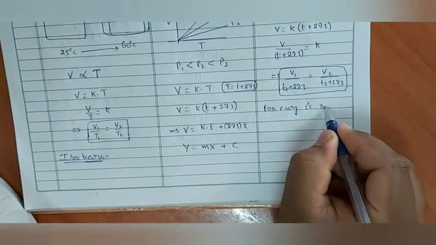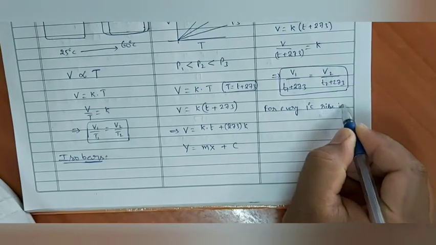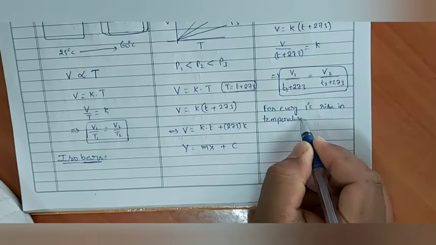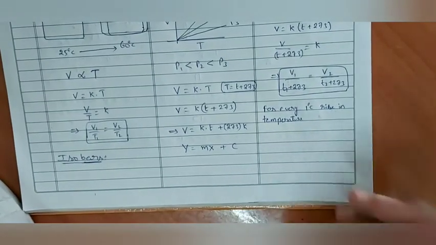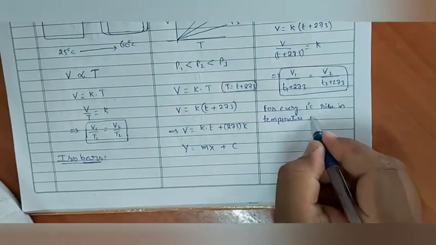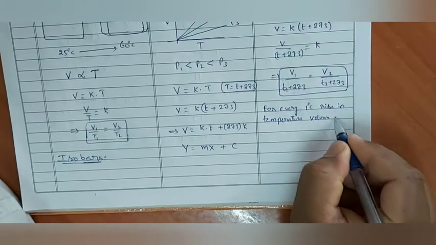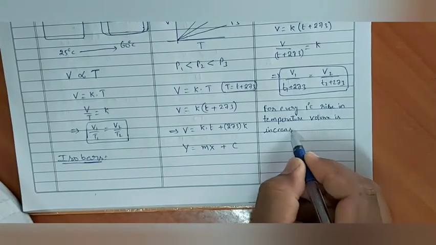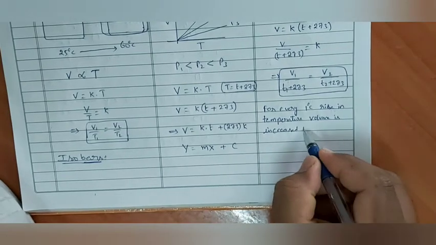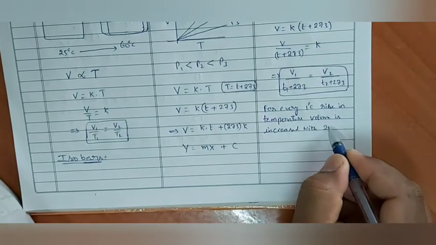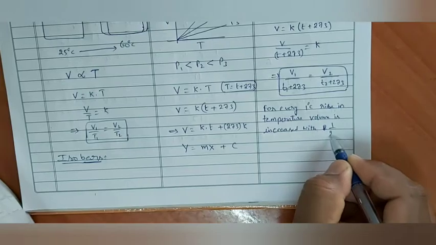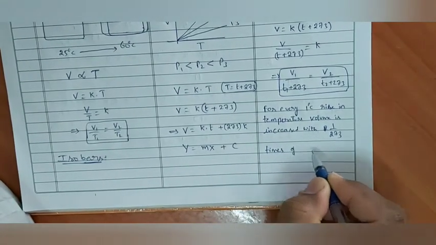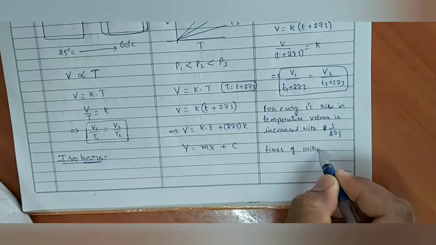Next we can go through one more point under Charles' law: for every 1 degree C rise in temperature, volume is increased by 1 by 273 times of the initial volume.